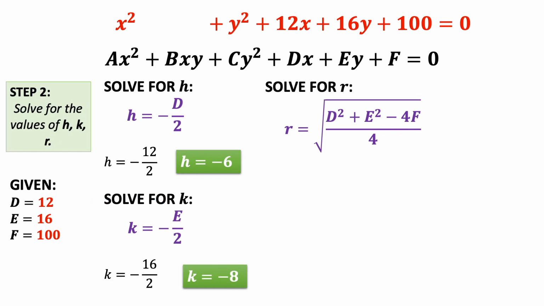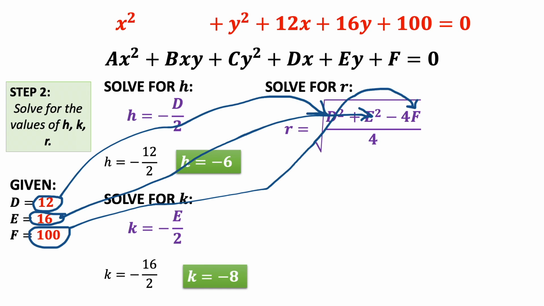Now, we will solve for the radius by substituting 12, 16, and 100 to the formula square root of d squared plus e squared minus 4f all over 4.